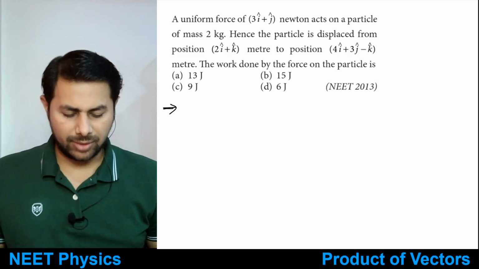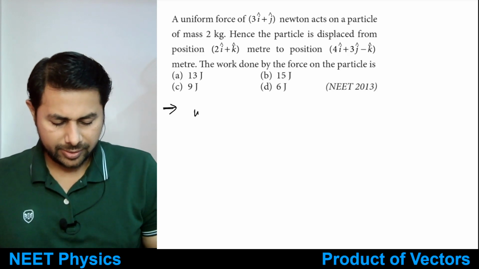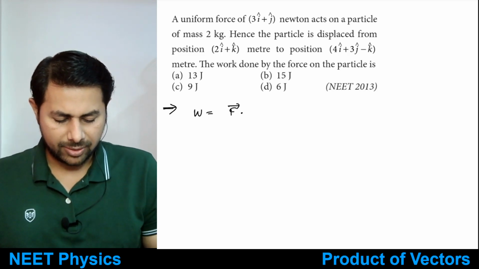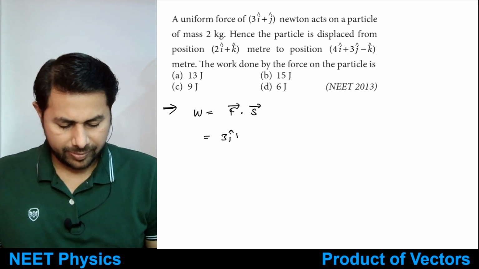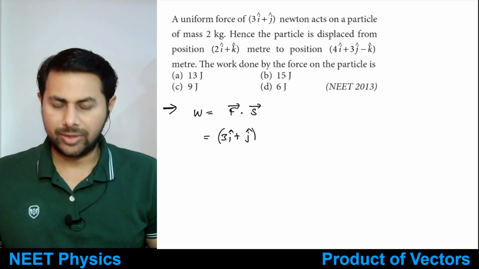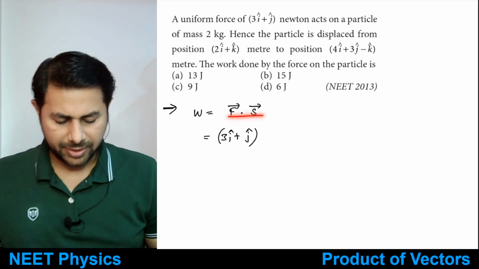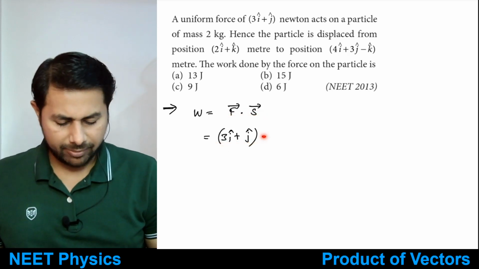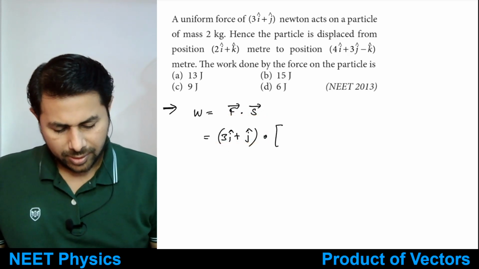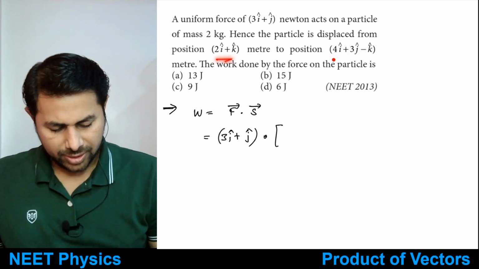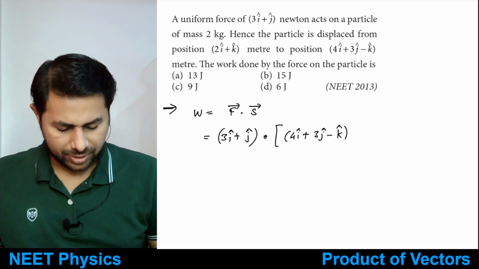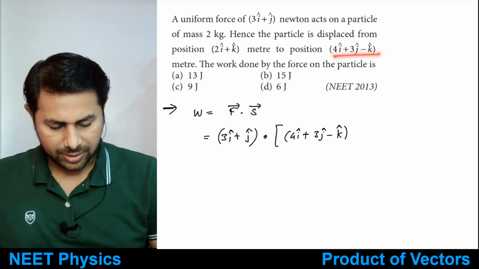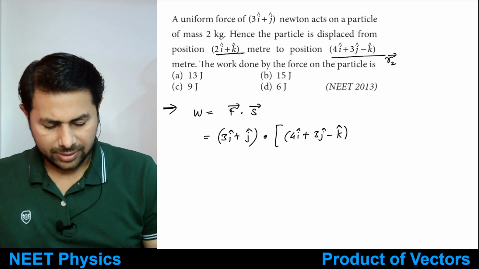so that is similar to the last one. Work done, we can directly say, is F bar dot S bar. What is F bar? It is 3 i cap plus j cap. When you solve, you will not even write this step. So we will just say 3 i cap plus j cap dot, initial position is this one, final is this one. So 4 i cap plus 3 j cap minus k cap is R2 bar, and this one is R1 bar.